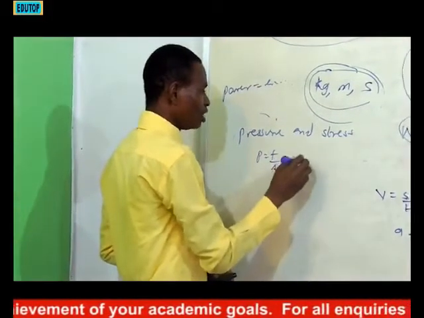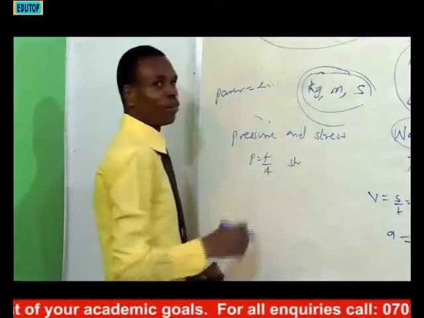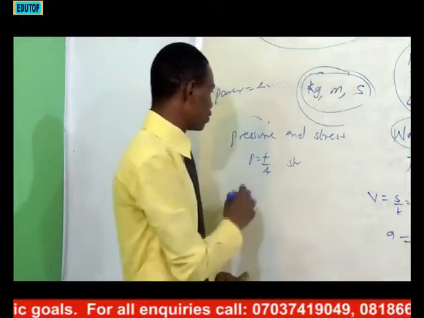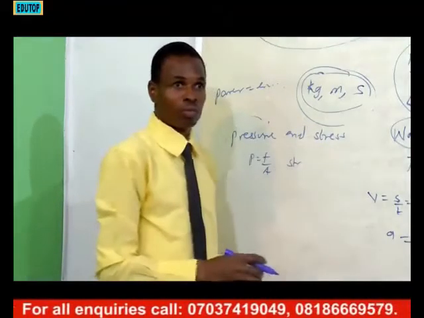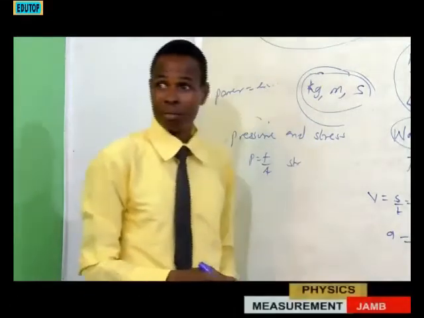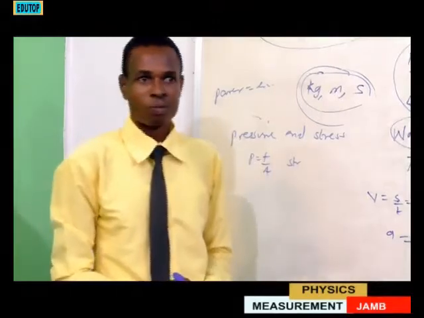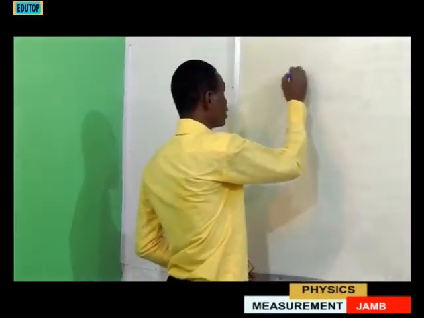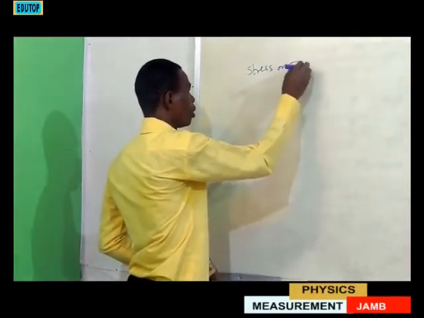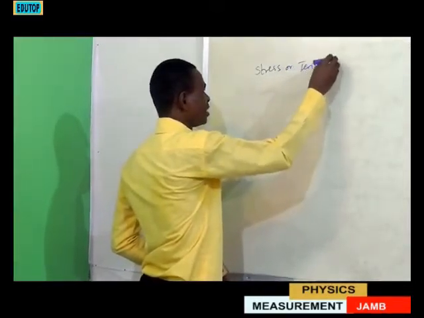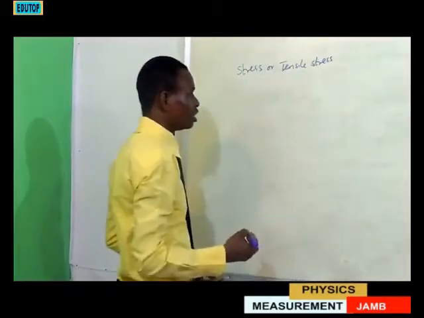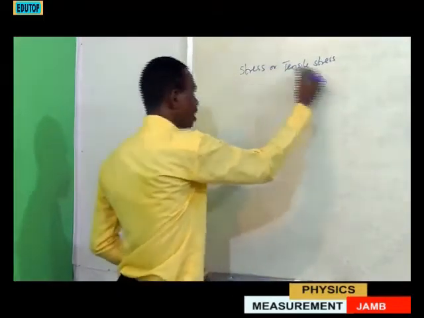Stress also is defined as force over area. So don't disturb yourself, just take note of the two. The two quantities have the same dimension. If you are told to give the dimension of stress or tensile stress, both of them are the same. Either they call it stress or they call it tensile stress.